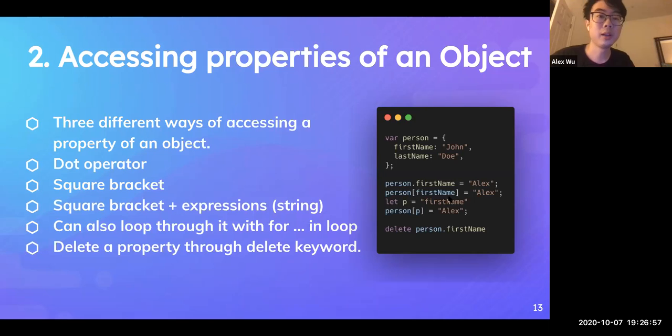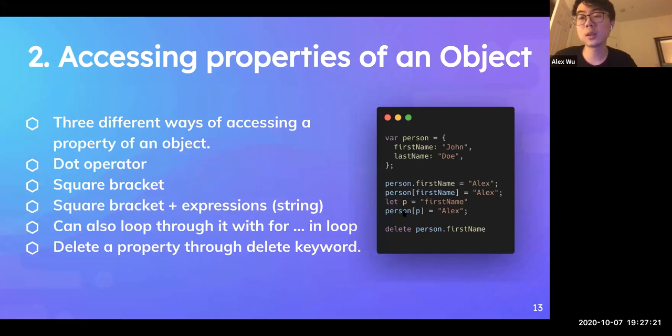The third way is a very dynamic way. It's using a square bracket and also expressions. Essentially, let's first define a variable called P. P is equal to first name, and person P will also give us the first name property, and we can also assign it to Alex.